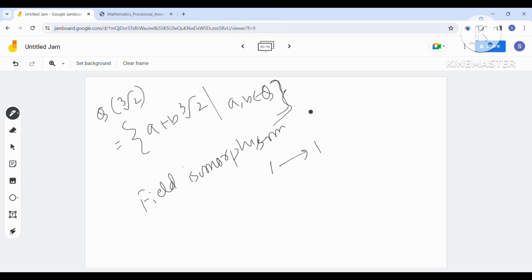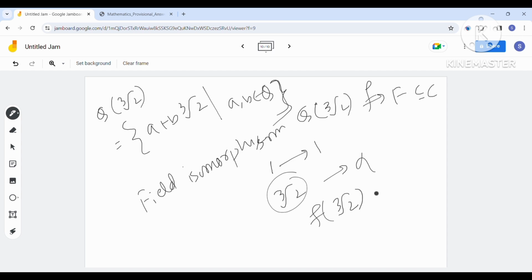So to check any field isomorphism from Q adjoined cube root of 2 to any subfield F of C, we need to check where this cube root of 2 maps to. So let the cube root of 2 go to alpha. Say this map is F. Then F of cube root of 2 is alpha. And F is a field isomorphism, right? So F of 3 must go to 3 because F of 1 is 1.